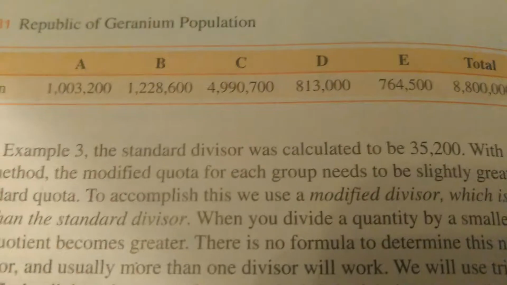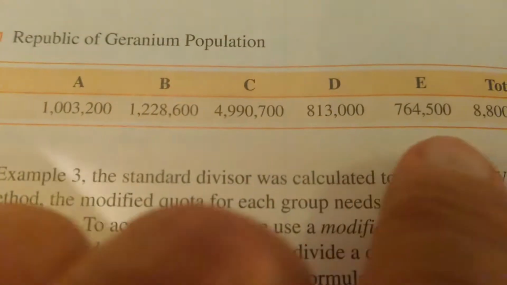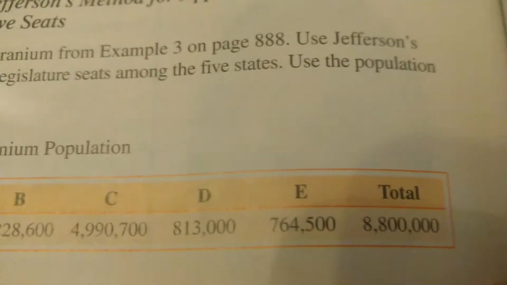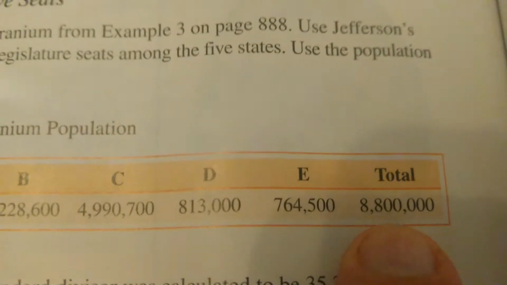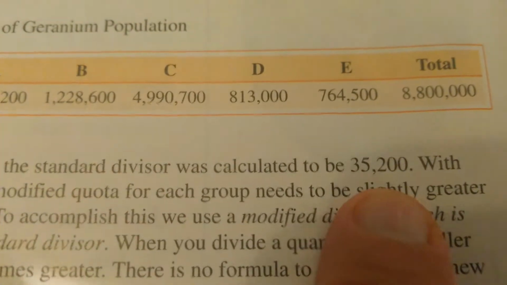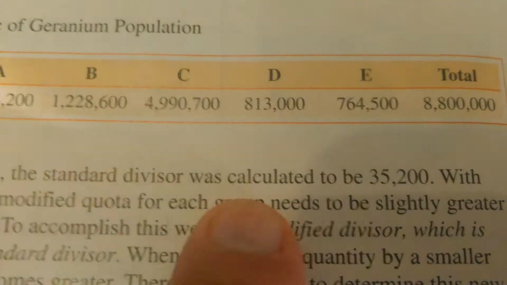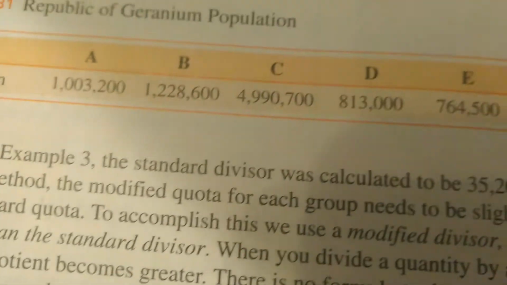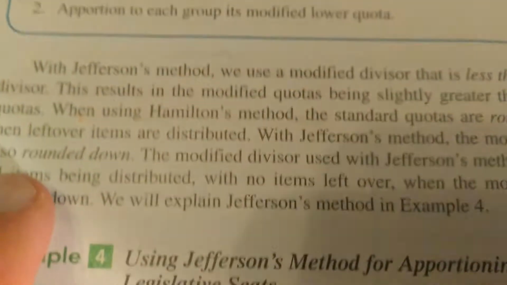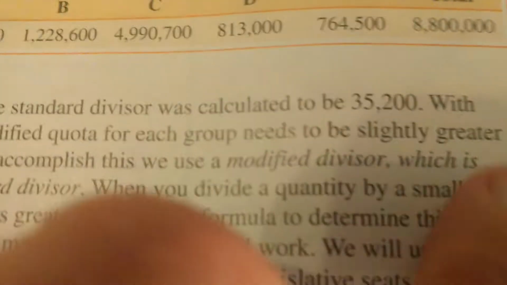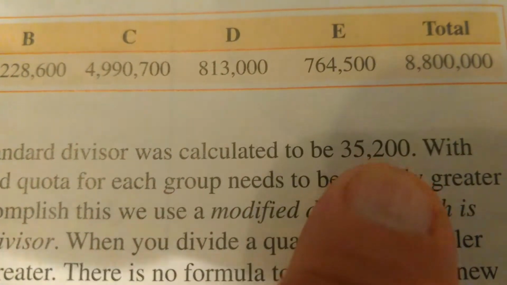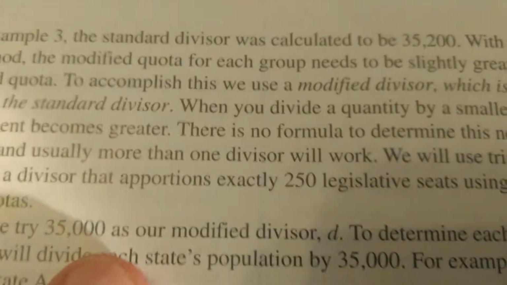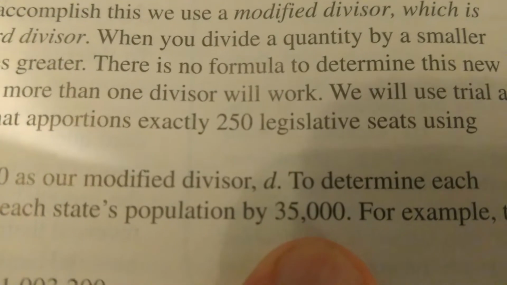So if we divide the 250 into the 8,800,000, we get 35,200 as a standard divisor. That would be doing our normal math. What we're doing in Jefferson's method is we're going to use this 35,200 as a starting point, but we're going to drop it down. So instead of 35,200, we're now going to use 35,000.